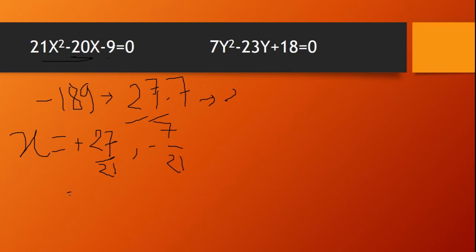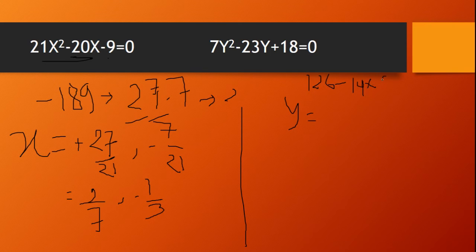So this will be 9 by 7 and minus 1 by 3. This is for x. And for y, 7 into 18 will be 126. 126 will be 14 into 9. So this will be 14 by 7 and 9 by 7. So the roots will be 2 and 9 by 7.